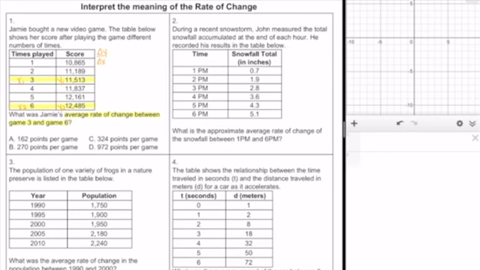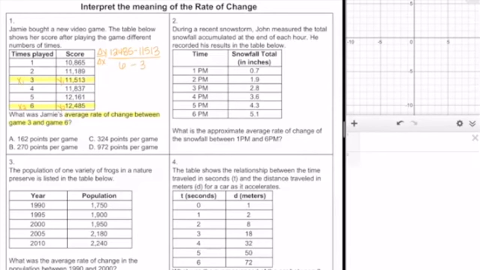Really all you're doing is subtracting the y values and subtracting the x values. On top, we will start by subtracting the bottom number because it's bigger: 12,485 minus 11,513. Then to subtract your x values, since we started with this y value, on the bottom we have to start with that x value. So 6 minus 3.